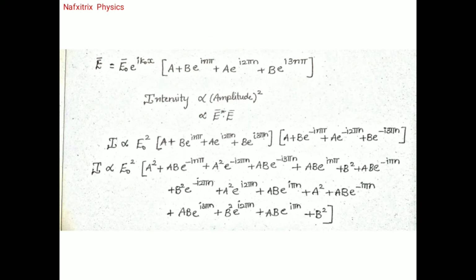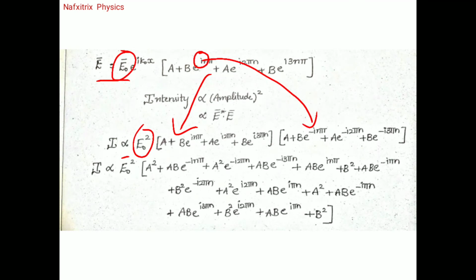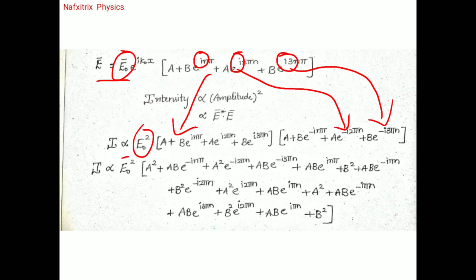So hence now what we have to do is, I is directly proportional to E into E star, that means E naught square, and here this is nothing but E naught, and E naught star is nothing but in the place of i we need to replace with minus i. So here i is there, it has been replaced with minus i, and in the same fashion here also i is there, that has been replaced with minus i, and here also i is there, that has been replaced with minus i.